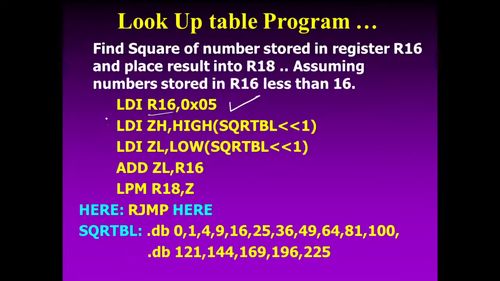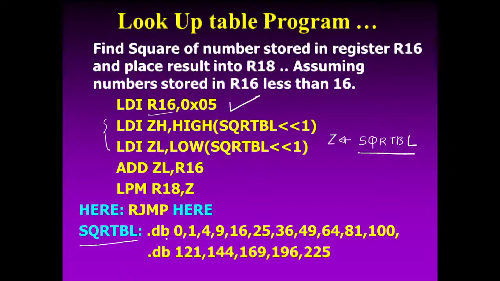These are the two instructions by which we load the memory pointer. Here we are loading the memory pointer Z with the memory location specified by the label SQRTBL. SQRTBL is the address where the lookup table is stored.